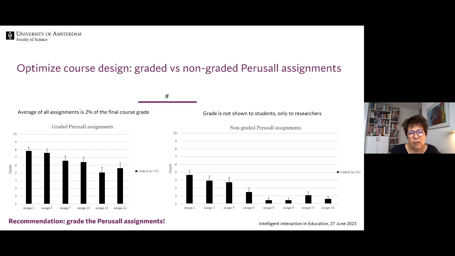The grade he gave was 2% of the final course grade. But you can see what a big difference it is when you don't give any credit for the work students invest.